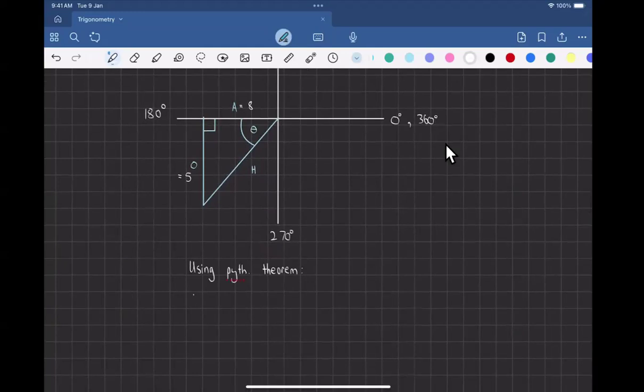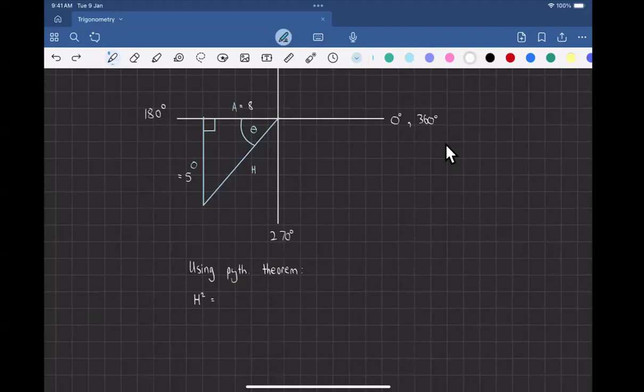So what would h squared be equal to? Let's see. Remember Pythagoras theorem: h squared equals a squared plus b squared. I'll write it into the question one time.